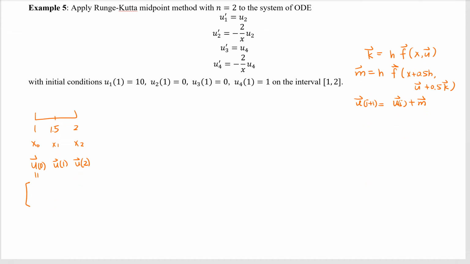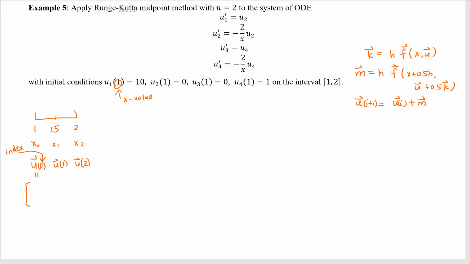Sorry, abuse of notation. This one is actually the x value. So this is the x value, x equals 1. But here, this guy means the index. Okay, sorry about the abuse of notation. So this is the initial value.